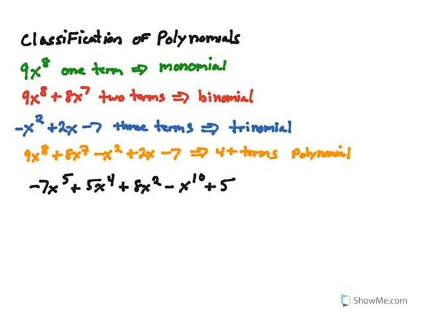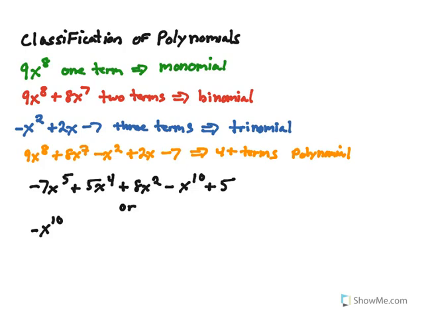Okay, and if you wanted to write this in descending order, then you start with the highest exponent. Okay, let me just fix that. You don't forget the sign. The negative belongs with that x to the 10. The sign always belongs to the term to the right.